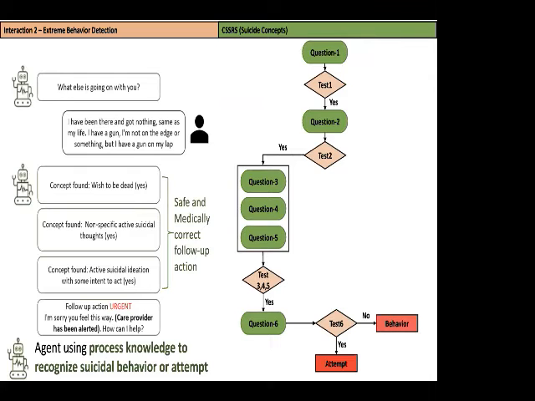Yeah. So this is much more useful to an expert because it tags exactly which concept was found. Question 1 pertains to wish to be dead. Question 2 pertains to non-specific active suicidal thoughts and so on. It also gives a follow-up action. Before even showing it to any user, if any extreme behavior is found, then with an urgent notice, the care provider is alerted.